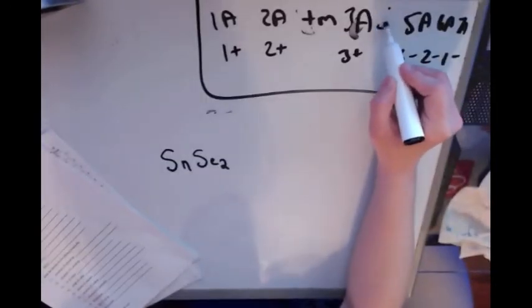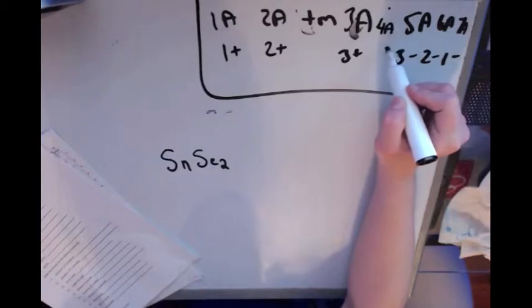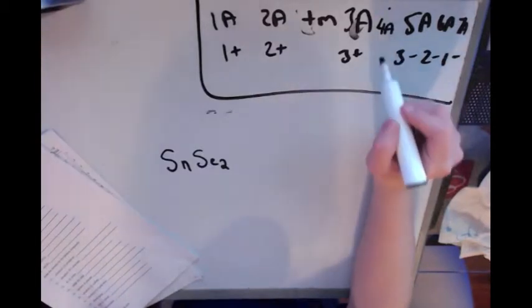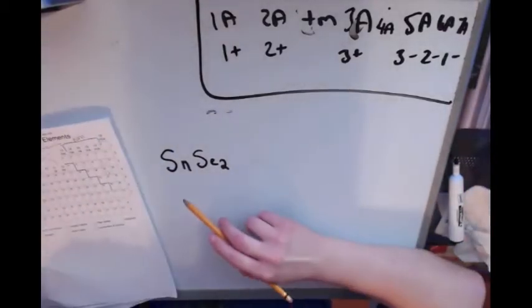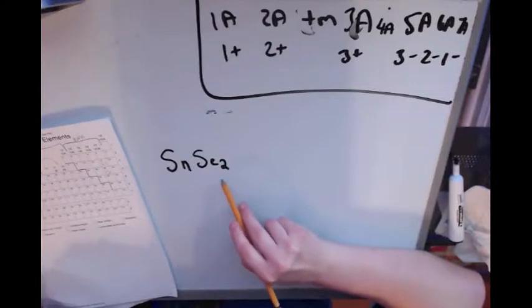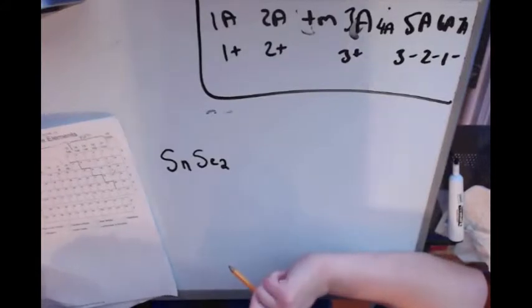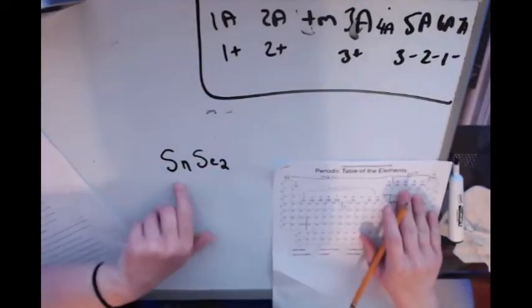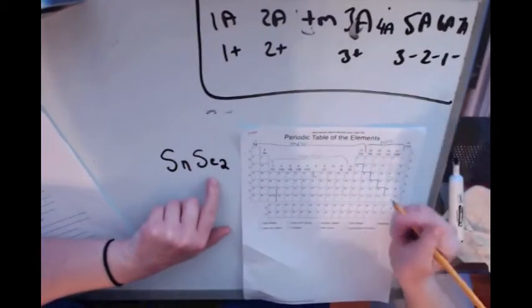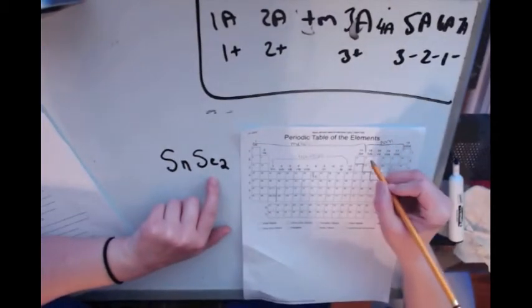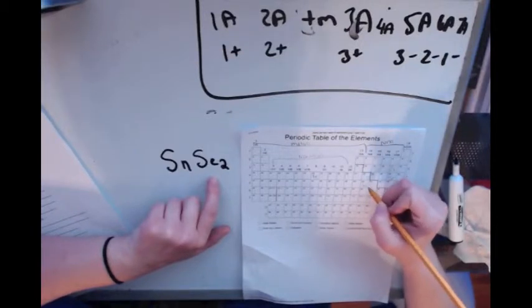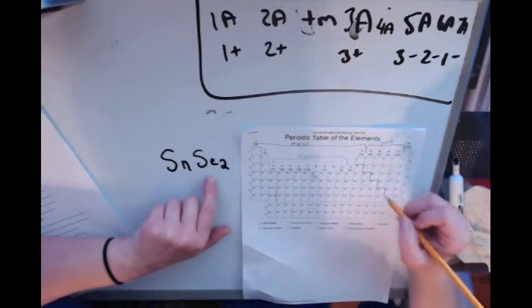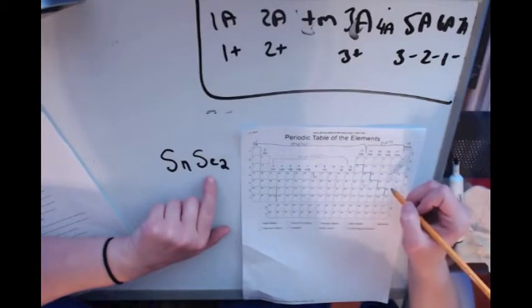Notice I didn't put anything. Alright, so now I have Sn and Se2. Sn bonded to Se2. So this is tin and this is selenium. Tin falls in the 4A group, and it's below the metalloids. It is a metal, and selenium is a nonmetal. Selenium is here.